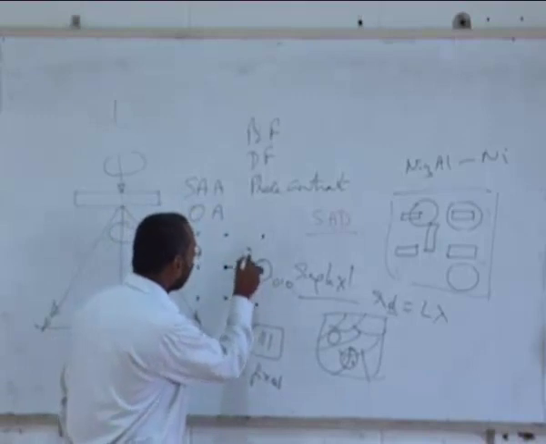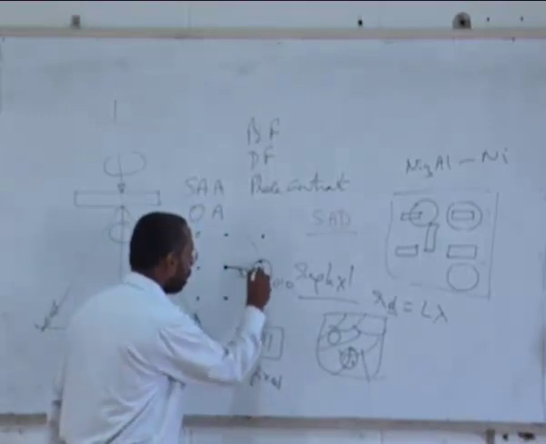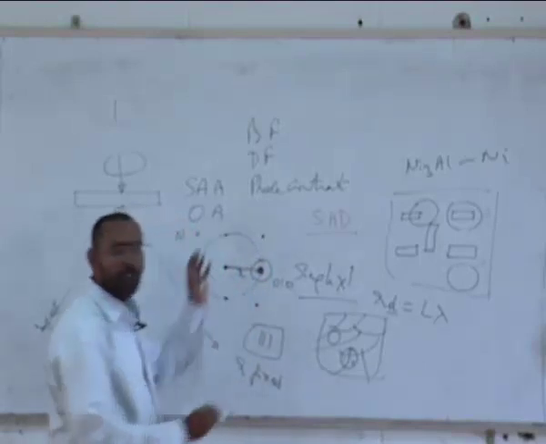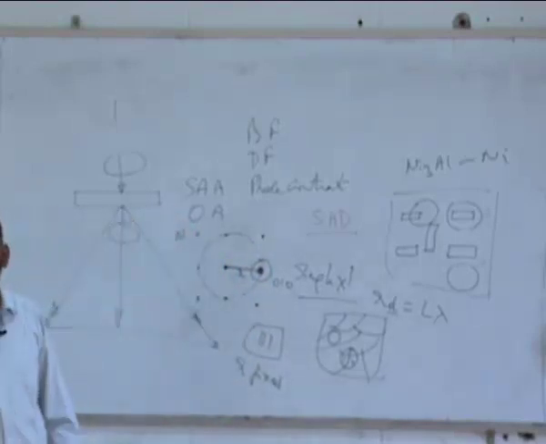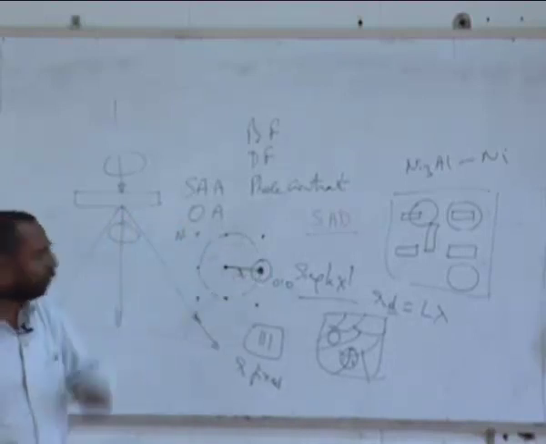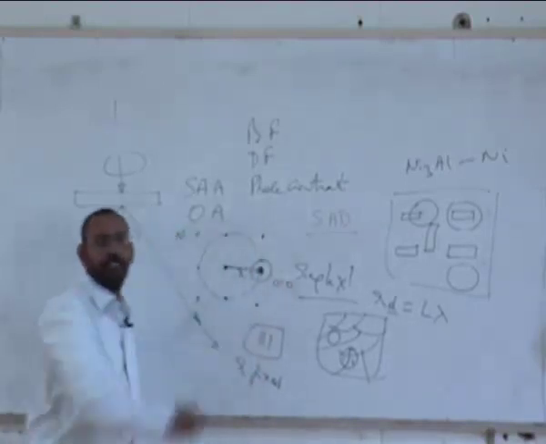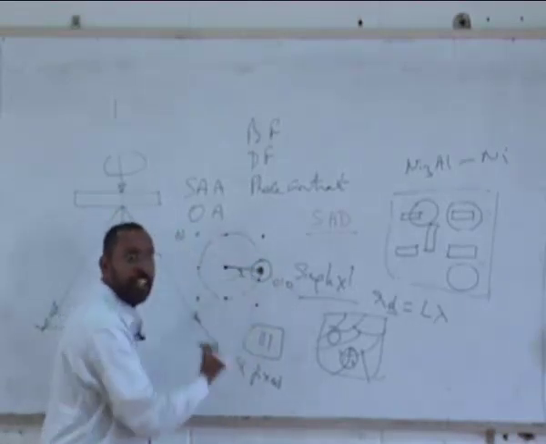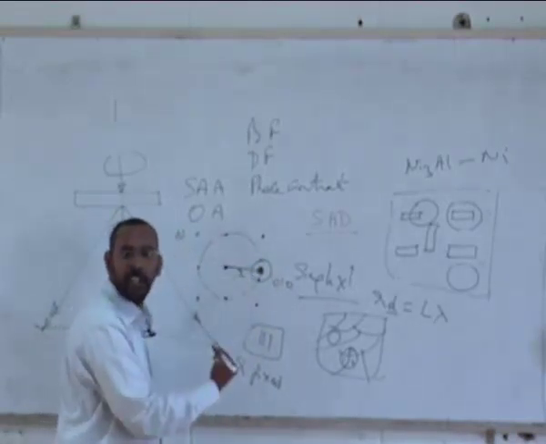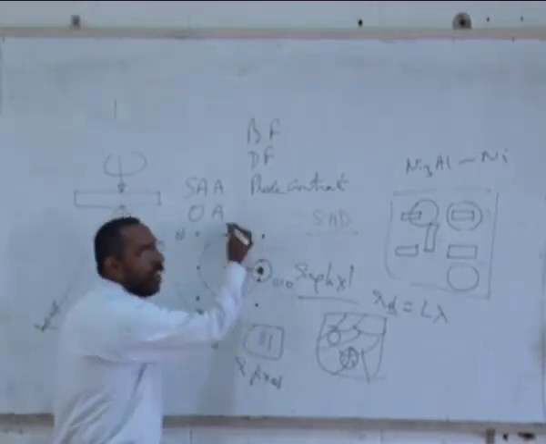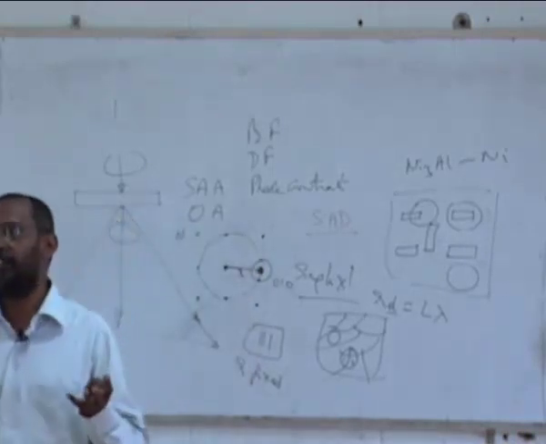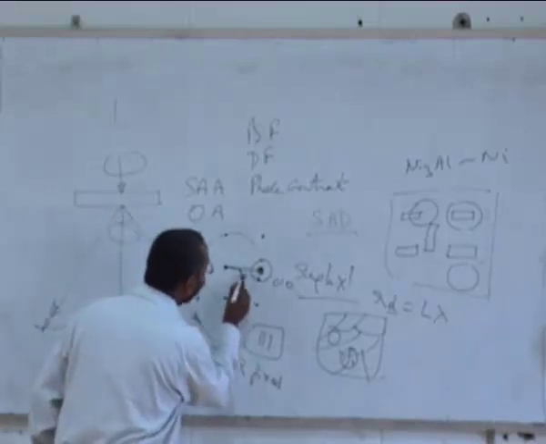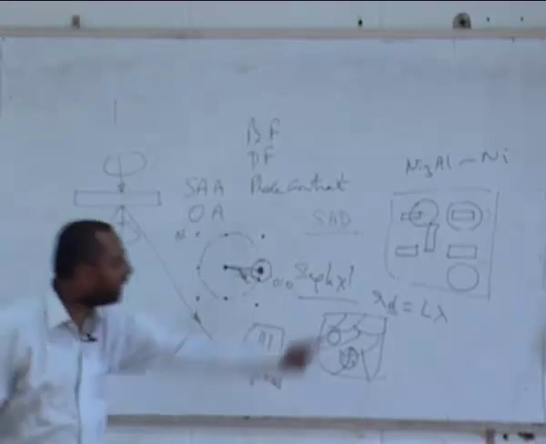So if I draw a circle with equal radius, my 010 of grain 2 will fall on this circle somewhere. So it may be somewhere here. Depending on how much of orientation difference it has, it will be either closer or farther, but it will definitely fall on that circle because the R has to be same because D is same.